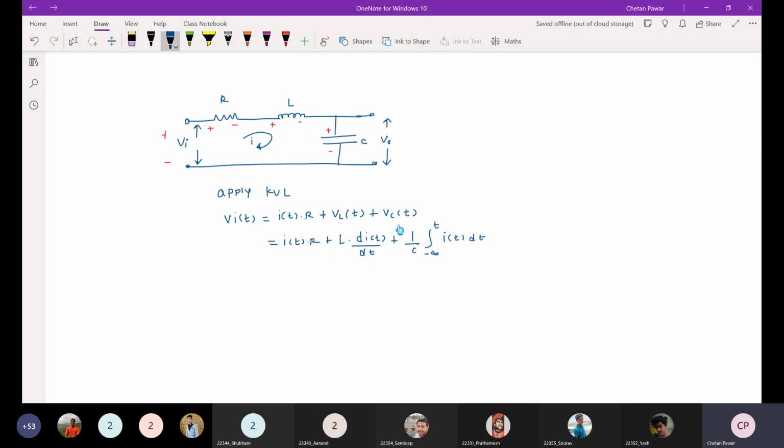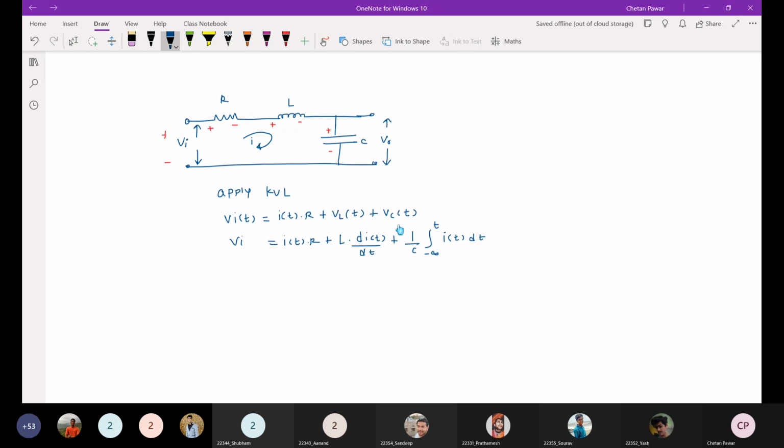So this is the voltage across the capacitor. Like this you can find the time domain equation.